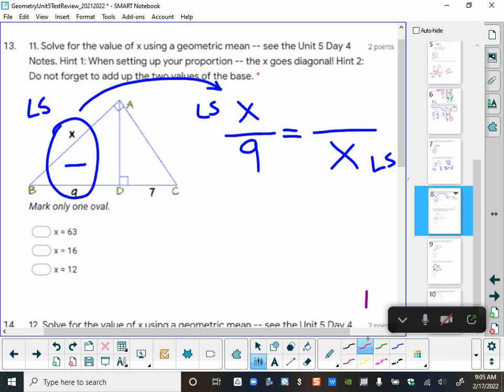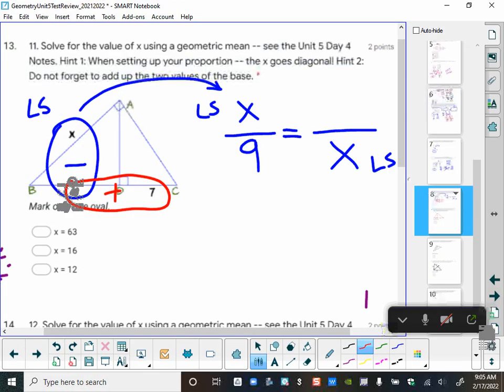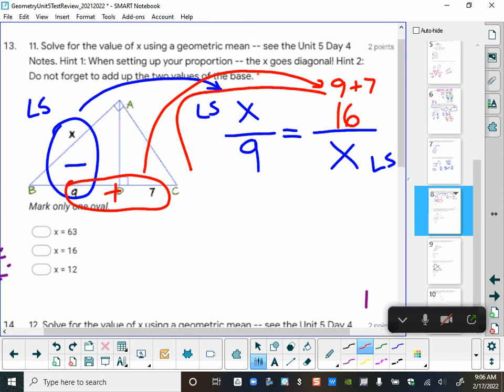Oh, 9 plus 7. That's right, Noe. Good job. This goes up here. But what is 9 plus 7? 16. Here's your proportion.